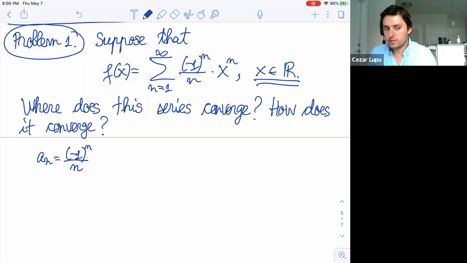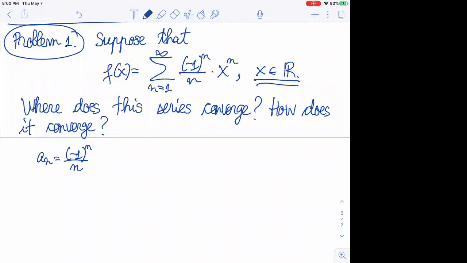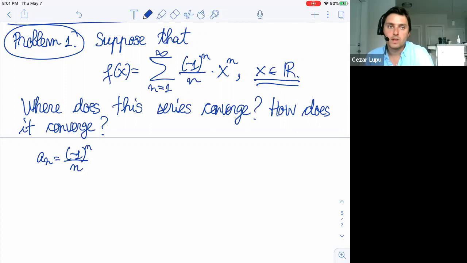As n approaches infinity, we must have some kind of discussion here. So we also have x to the power n. Okay, let's see.